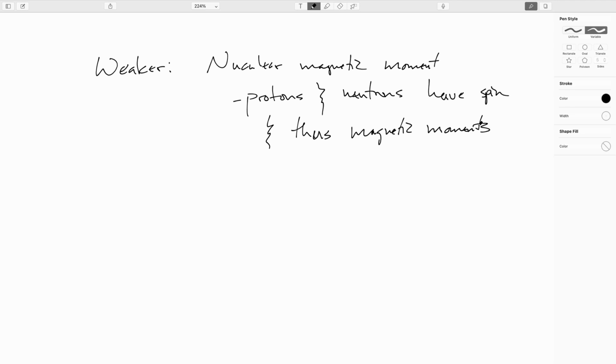Now, you might be saying, wait a minute, neutrons are neutral objects, but you're still saying they have a magnetic moment? Yeah, they do. It's because protons and neutrons are actually made of things. These things have the name quarks, which you would like to think was named for the German word for yogurt cheese, but it isn't, sadly.